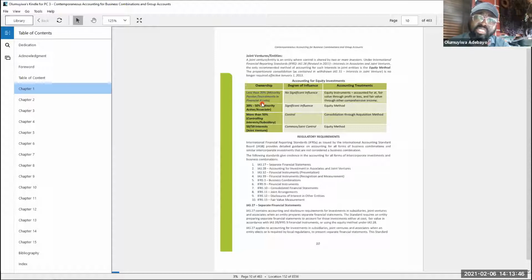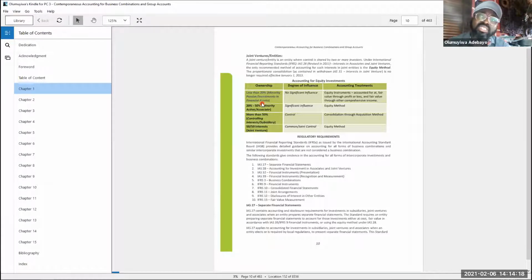Now, if you find yourself within 20 to 50% of the ownership of the shares of the company, such can be considered minority active, where you start to participate in the financial and operating policies of the company. In that situation, we say there is more likelihood that you have created significant influence. And in that situation, the equity method is what will be put to use. And as time goes on, we'll get a better understanding of it.